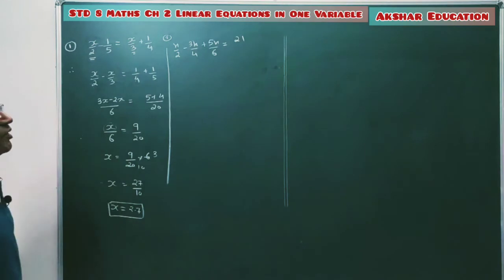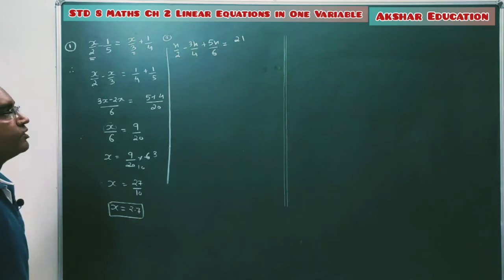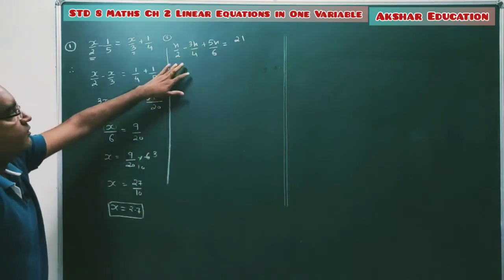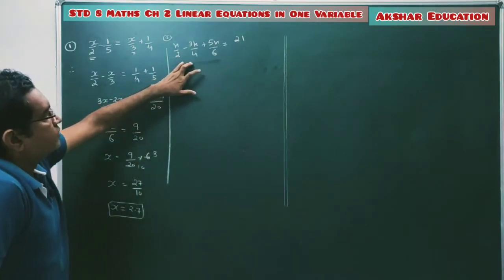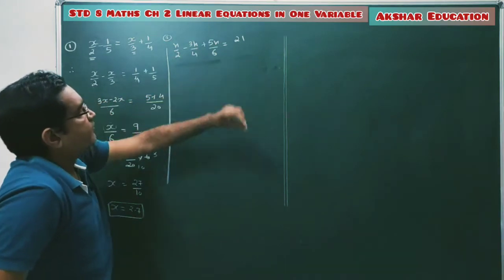So for this equation our variable is n, the power of variable n is 1, so it's a linear equation. So all the terms with variable n are on the same side of the equal to, and the right side is the term without any variable.